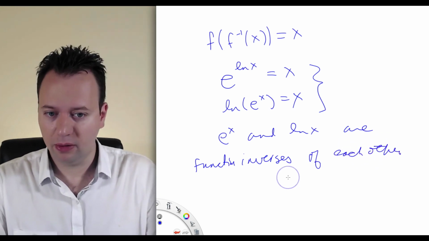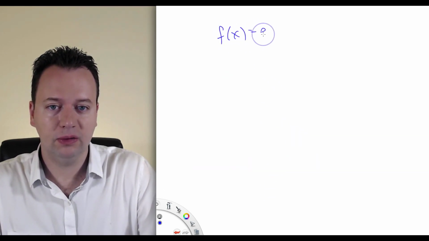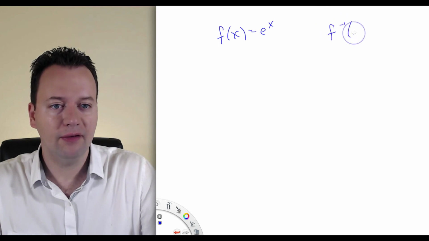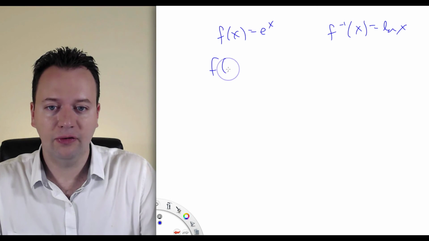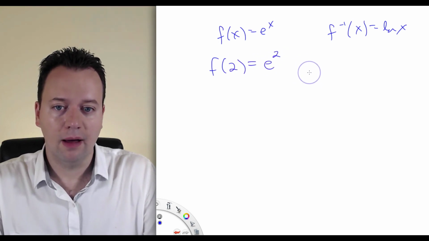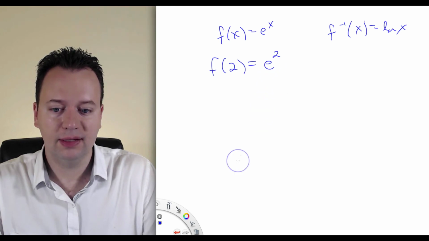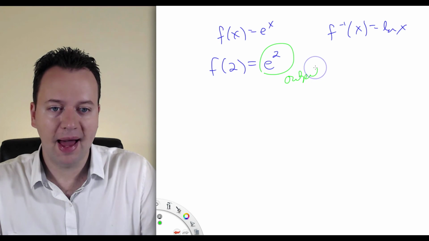So let's work it out in some more detail. Let's say we have f of x is equal to e to the x. I'm claiming that f inverse of x is ln of x. Well, let's try it. Let's do f of 2. f of 2 is equal to e to the 2. So how do we get from this output back to the input?